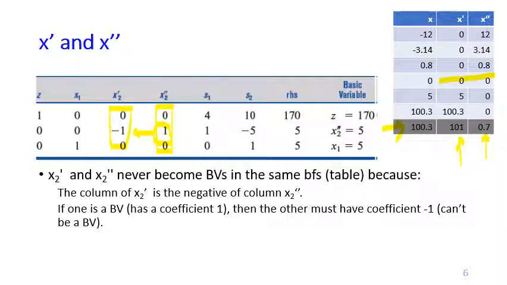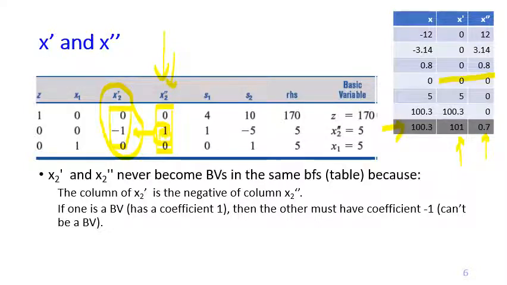So any value in one column, for the other column, you will see the negative of that. Which means that if one of them becomes a basic variable, like in this case, x2 double prime becomes a basic variable, and it has a positive value, it means that the other one must be a non-basic variable, right? Because to become a basic variable, you have to have the canonical form: the value of 1 at one position and all other positions equal to 0.